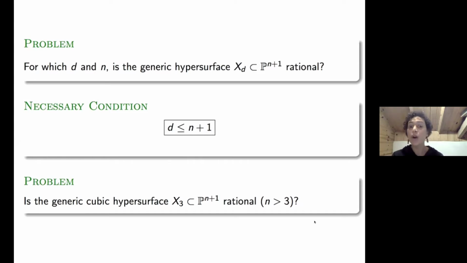In general, the condition of being rational is not necessarily an open condition. So I am asking whether there is this open subset in the space of coefficients giving you rational varieties. The answer is expected to be no, I should say, but we do not know.